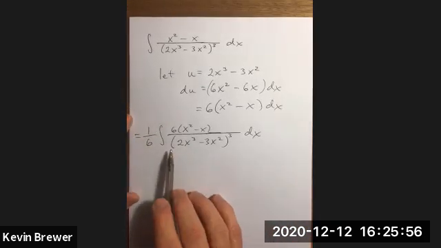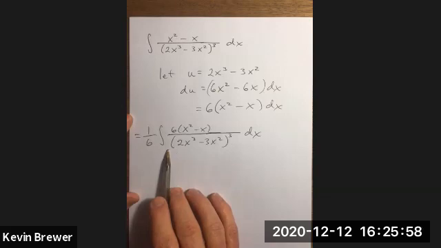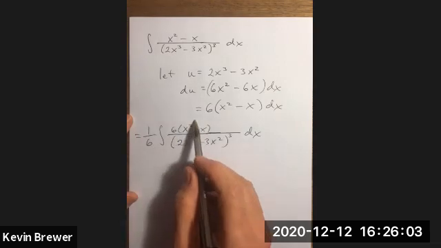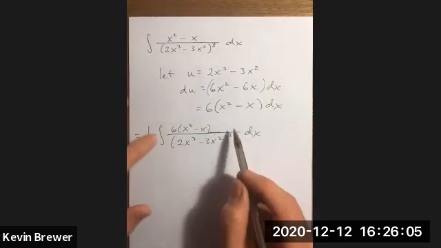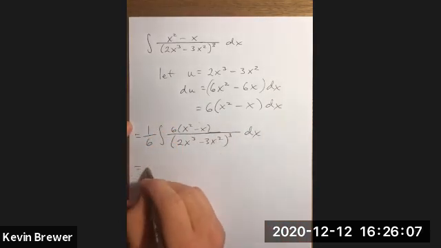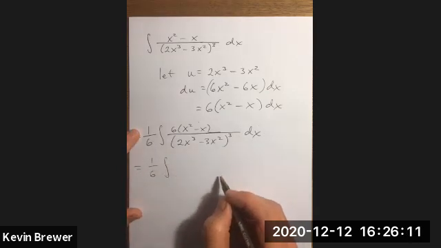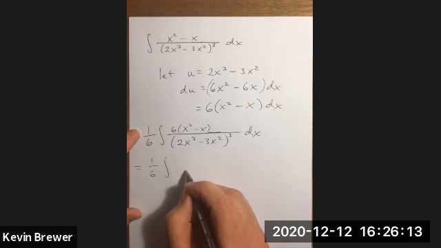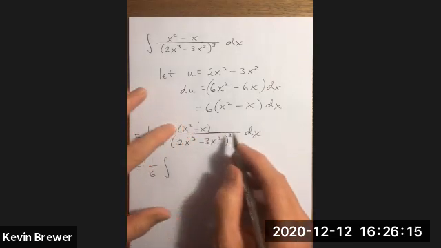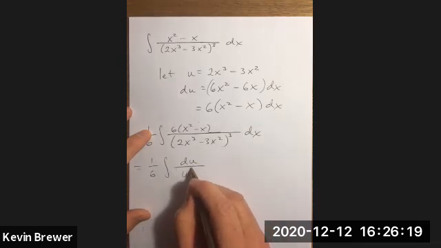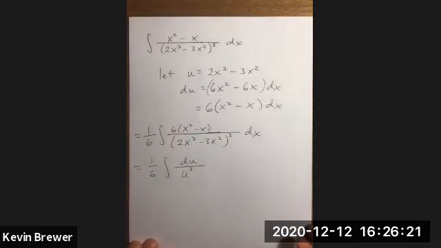We have 1/6, and then we have du, and then we have u cubed. So this is 1/6 the integral of, I don't know where you want to think of this, let's just put it up here, du over u cubed.